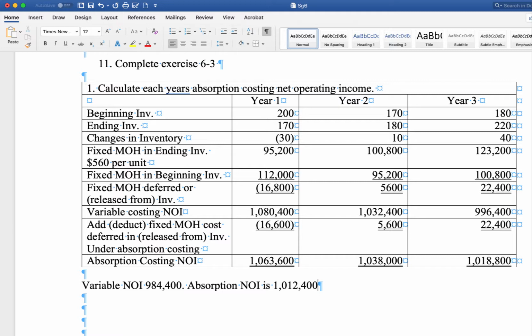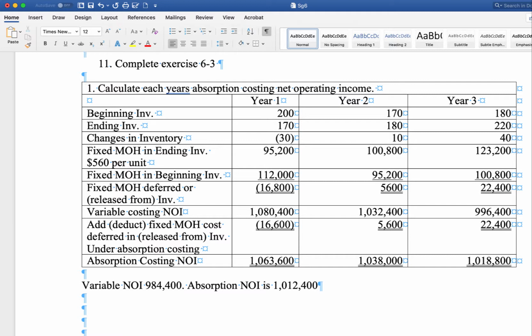Okay. They want to know, did inventories increase or decrease in year 4? How much fixed MOH cost was either deferred to or released from inventory during year 4?